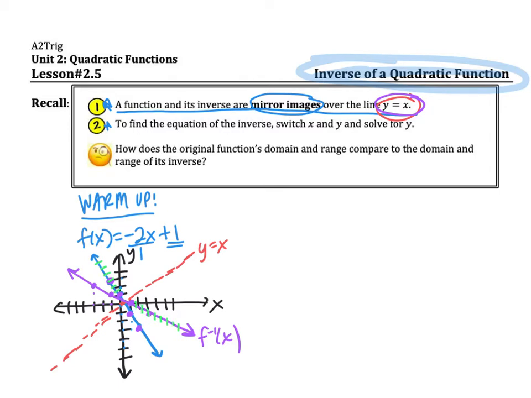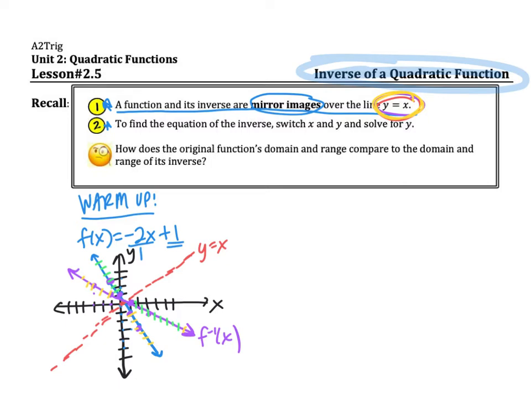And then you can see hopefully here that this blue part would fold on top of this purple part. So they are mirror images of each other over the line y equals x, and graphically that means these are inverses of each other. Now algebraically, how could I find the inverse?